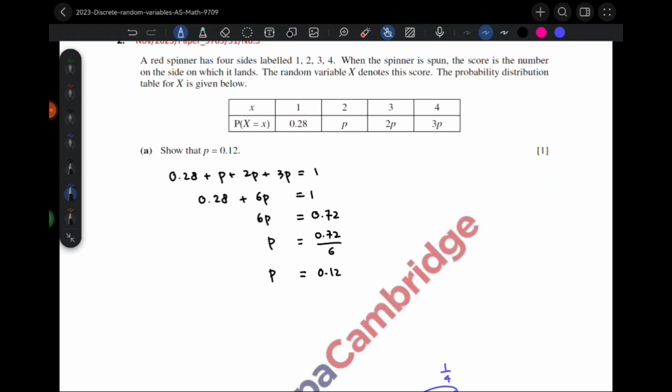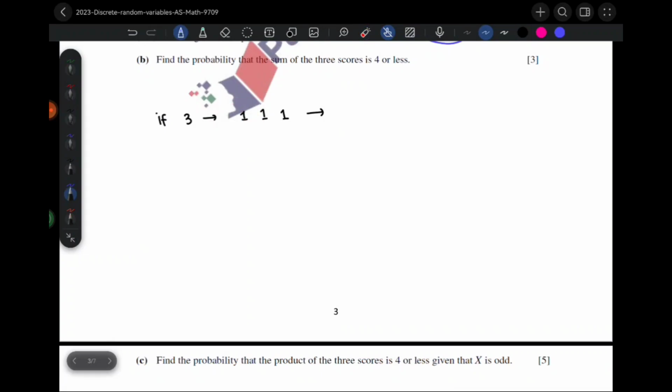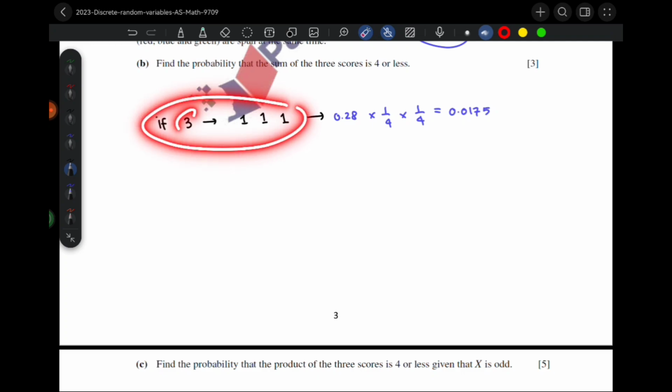The probability of getting 2 on the red spinner equals 0.12, this one is 0.24, this is 0.36, and this number has probability 0.28. So multiply 0.28 times 1/4 times 1/4, and we have 0.0175. This is the only way to produce 3.